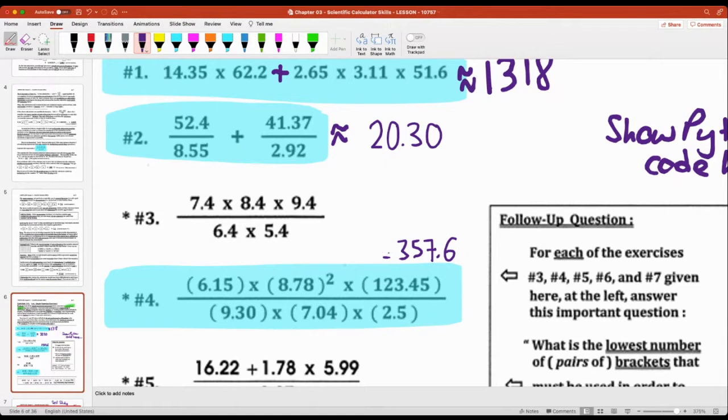Anyway. Now, did anybody not get 357.6? So what the heck happened there? It's okay. I type in caps a lot too. You got to put the bracket. The trick here is to try to do these without doing it all in one step.